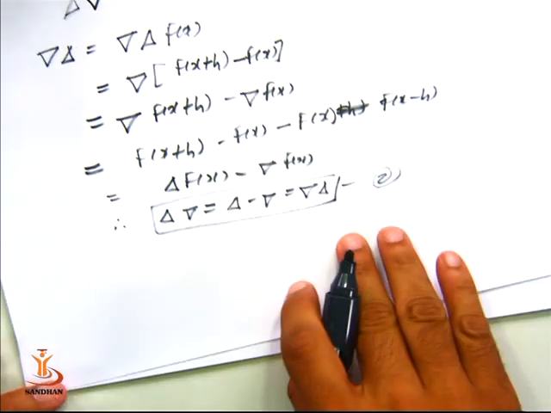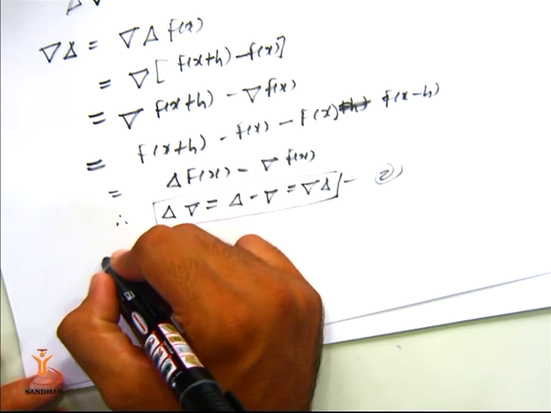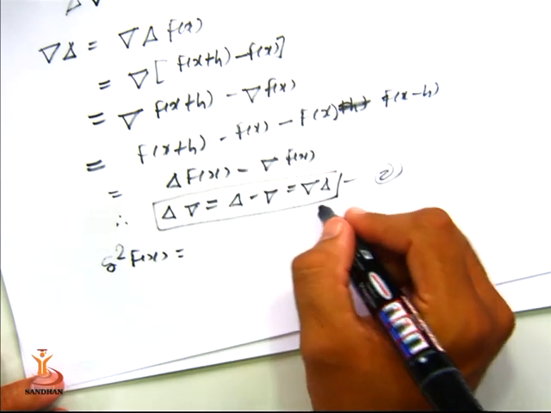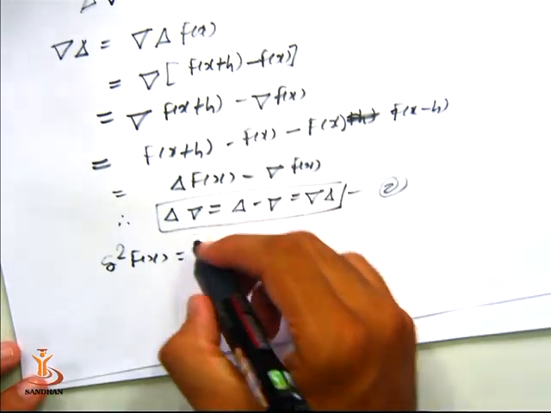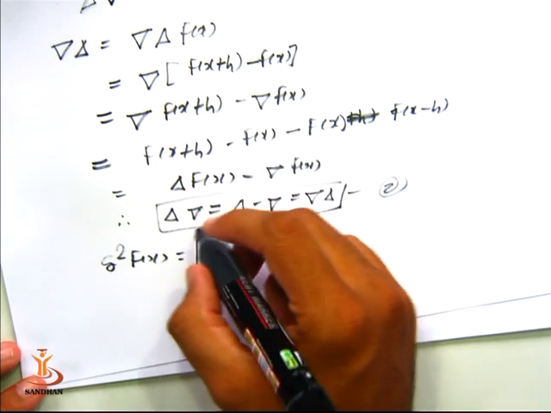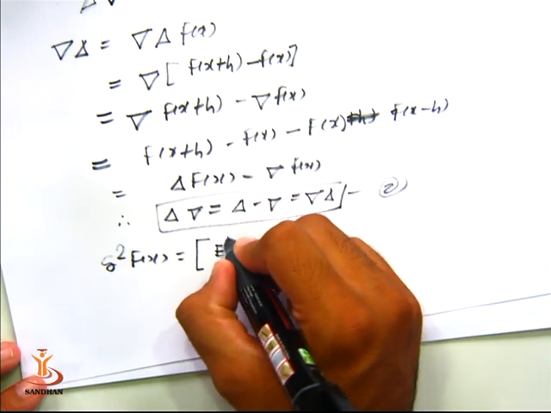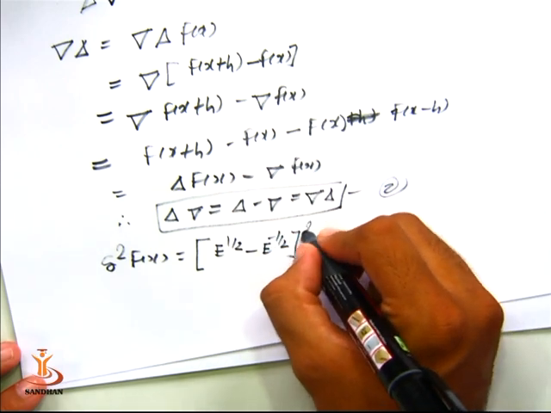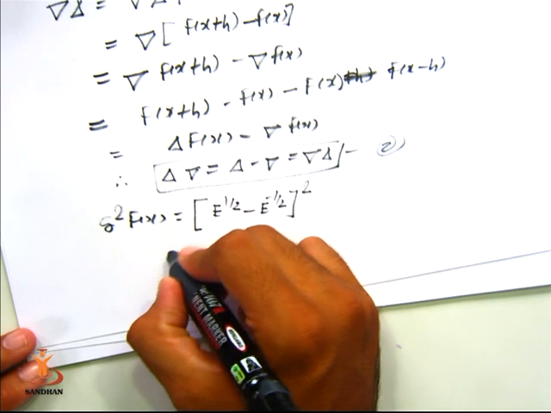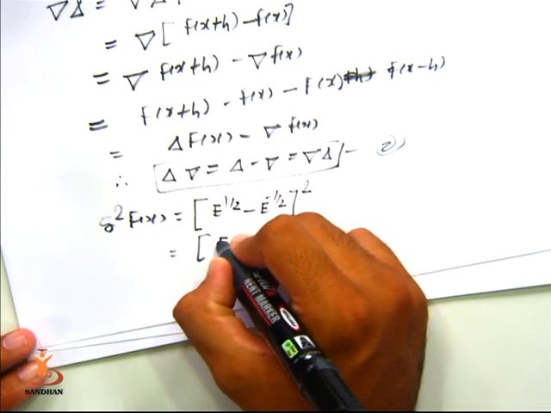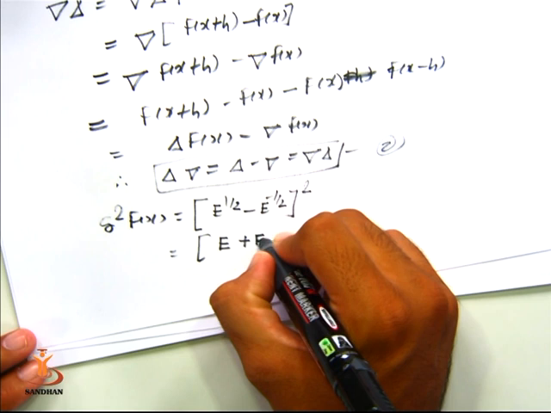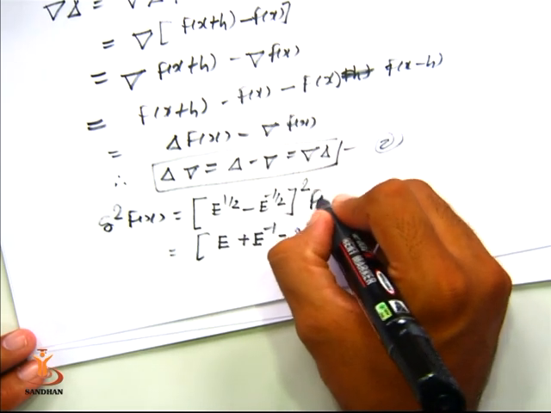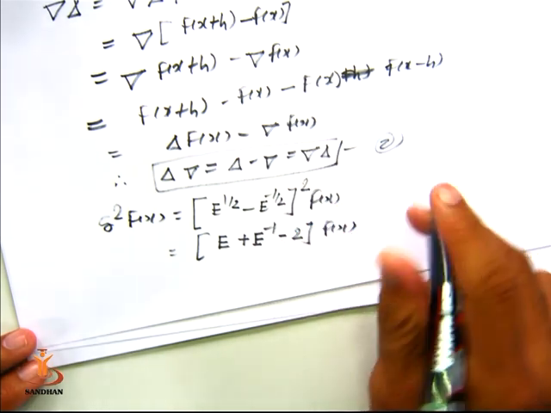And now the third result is to obtain delta squared f(x), which is the same as delta minus nabla. For that we will apply the definition of the delta operator, that is E raised to half minus E raised to minus half, all raised to 2. If you expand, it gives you E plus E raised to minus 1 minus 2, of f(x).